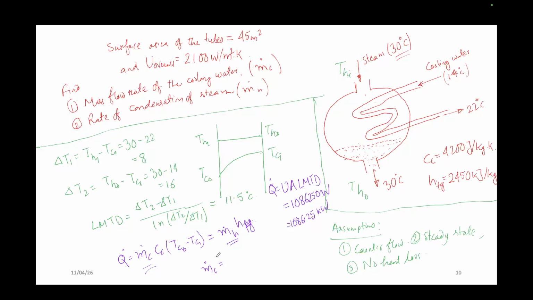32 kg. Yes, near about step 7, sir. It is in 32 point... 32.32 kg per second for cold, and what is for steam?